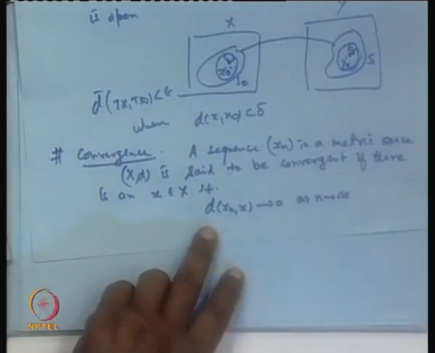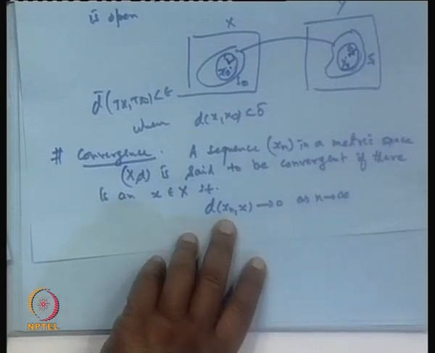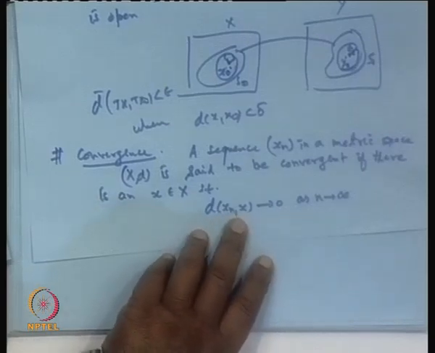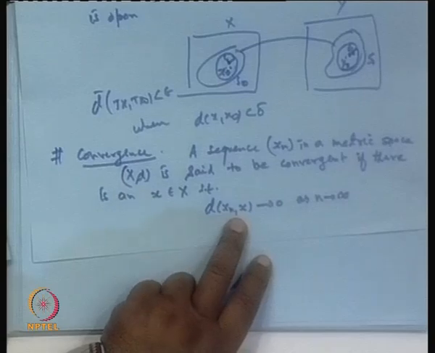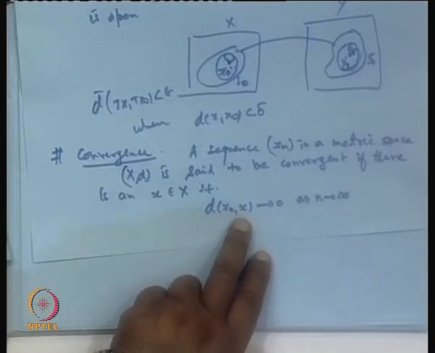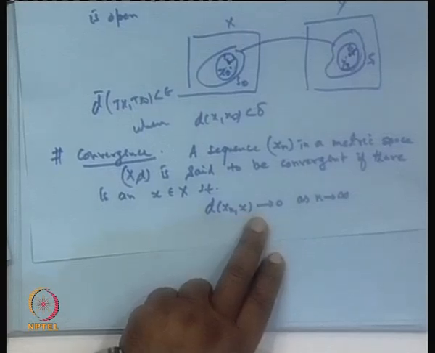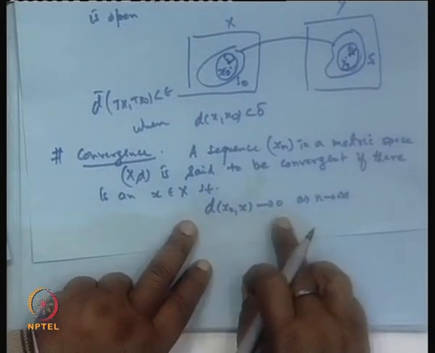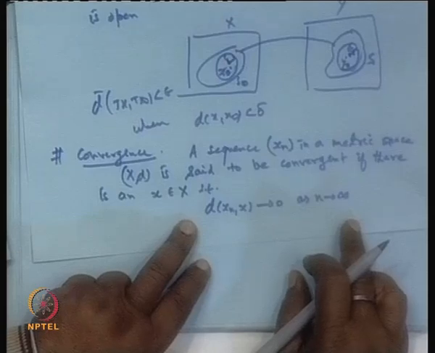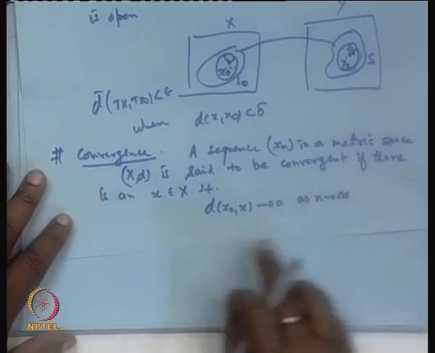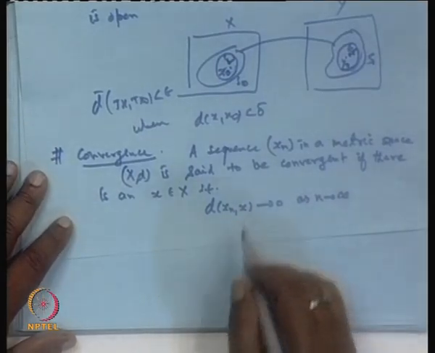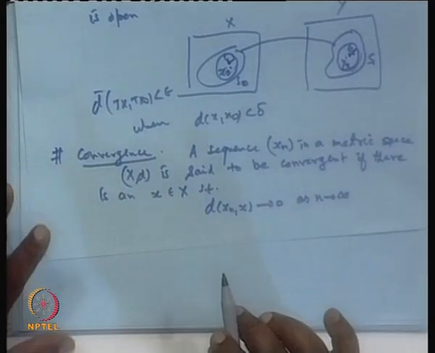It means the difference between x n and x, if it is a real sequence, or in general if it is an arbitrary metric space, then the distance between x n and x under d must go to 0 as n tends to infinity. Clear? Then we say this sequence is convergent, so existence of x is a must.